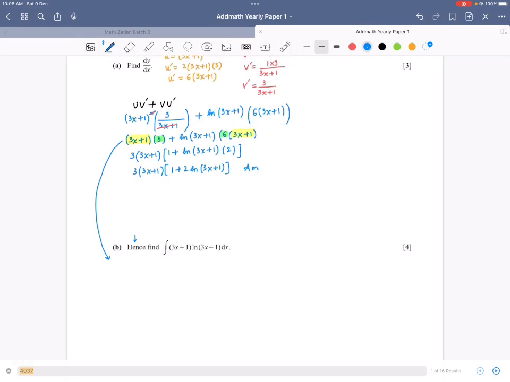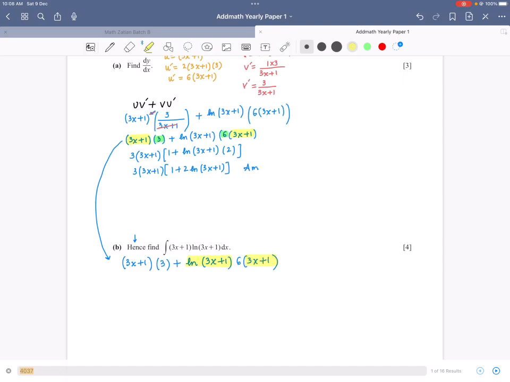Alright, we have 3x plus 1 times 3 plus ln of 3x plus 1 times 6 times 3x plus 1. Now the thing that I need to integrate is basically ln of 3x plus 1 and 3x plus 1, this part.